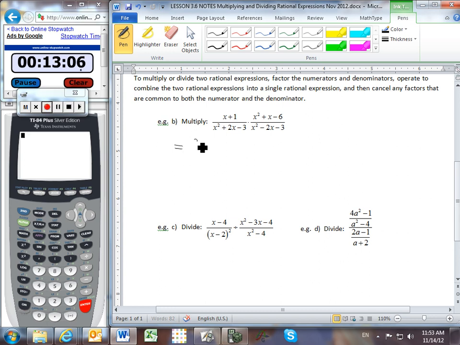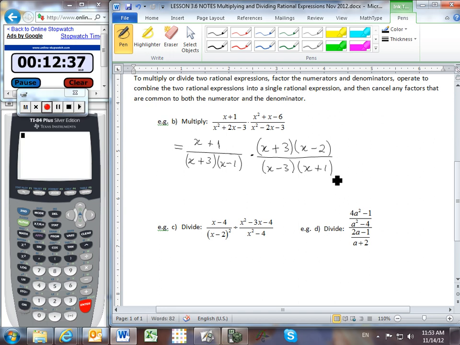So in my first expression, the x plus 1 doesn't factor, of course, but the bottom factors to (x plus 3)(x minus 1). And in the second expression, the top factors to (x plus 3)(x minus 2), while the bottom factors to (x minus 3)(x plus 1).